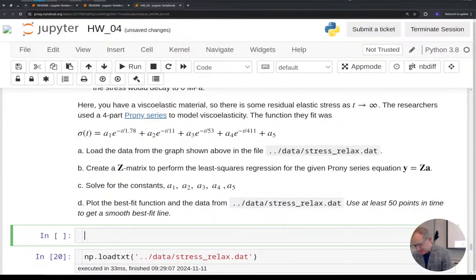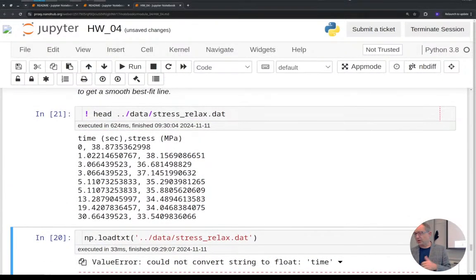So this is my process for it. I always take a look at what the raw text is inside of that file, with a head command. You can also use cat and tail.